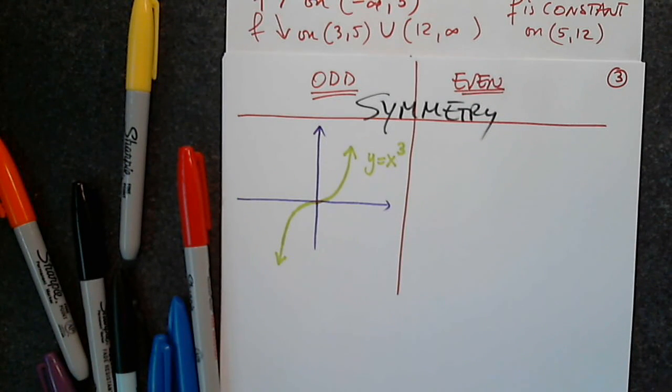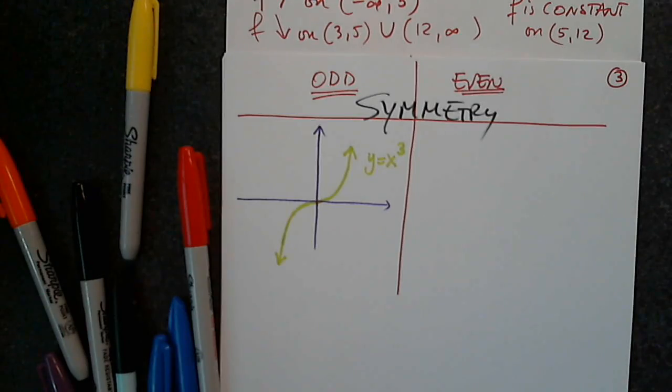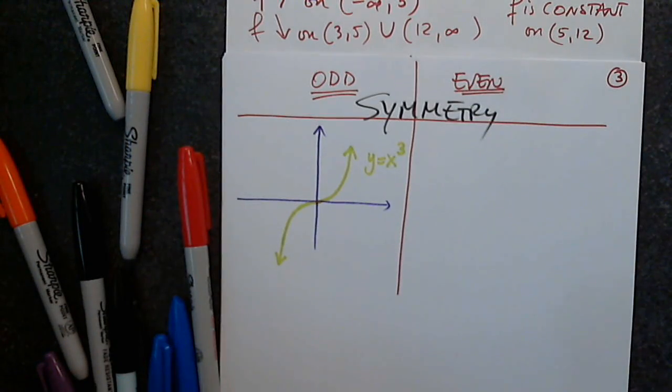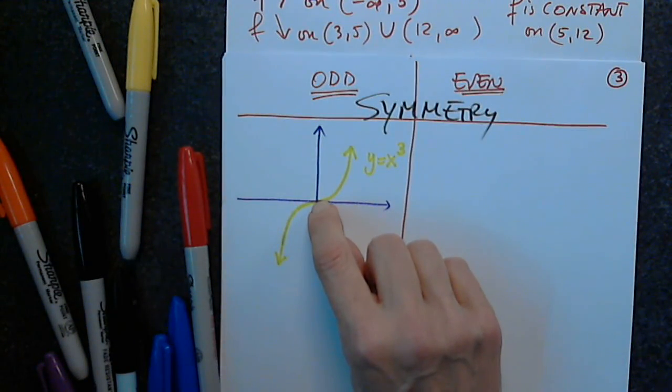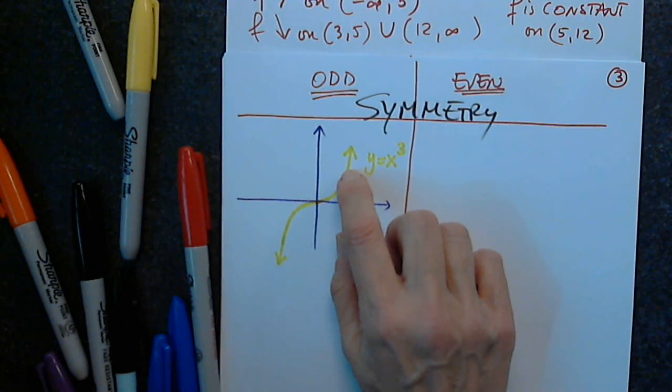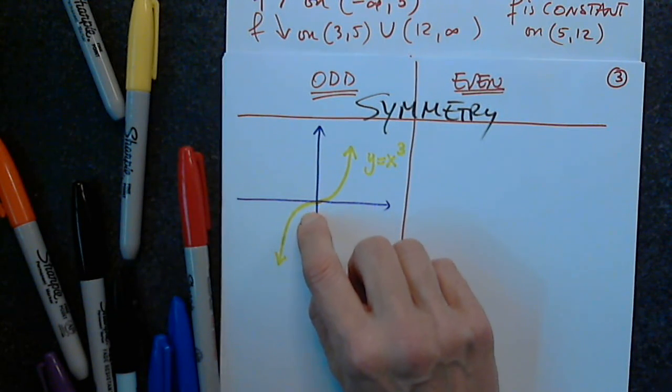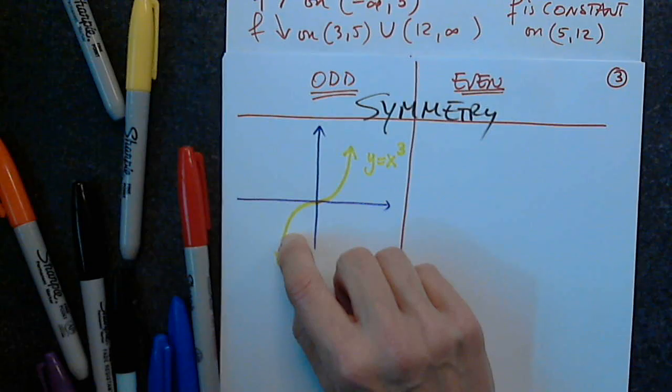So I am going to draw a line segment that goes through the origin and connects a point on the graph in the first quadrant to another point on the same graph in the third quadrant. Okay, I can do that anywhere I want, right?